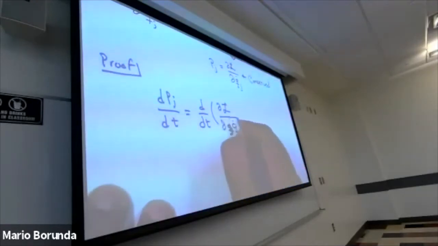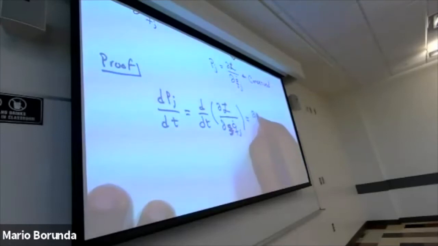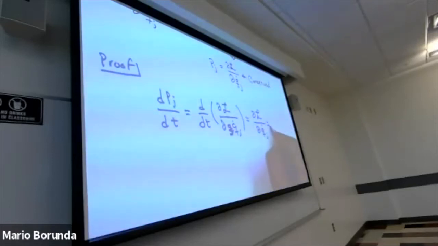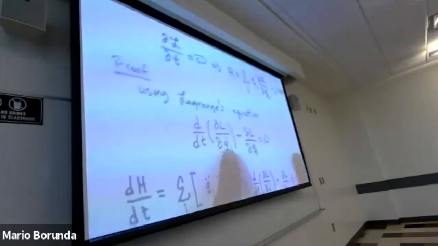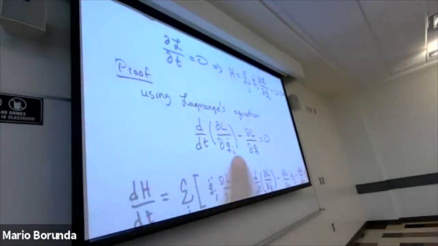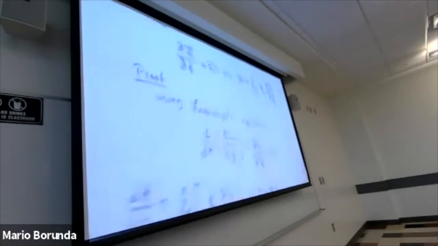And this is equal to this. And if we go back and use the Lagrange equation, which is this one right here, right?